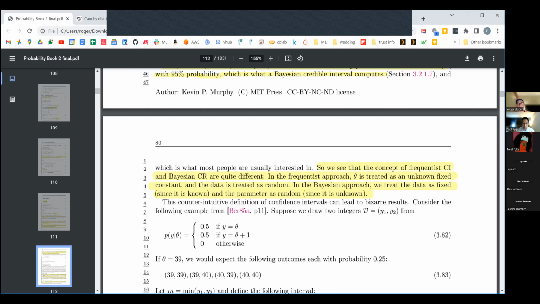And in the frequentist approach, it is that fixed thing, but then the data that's coming out of it in each sample that you take is the random output, something like that.